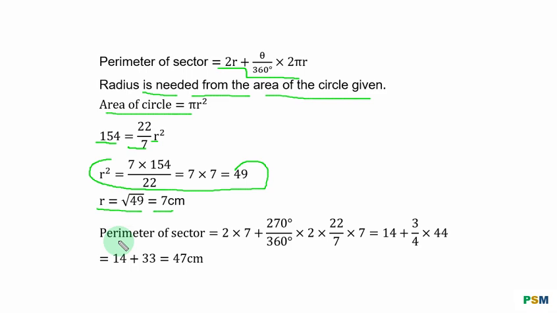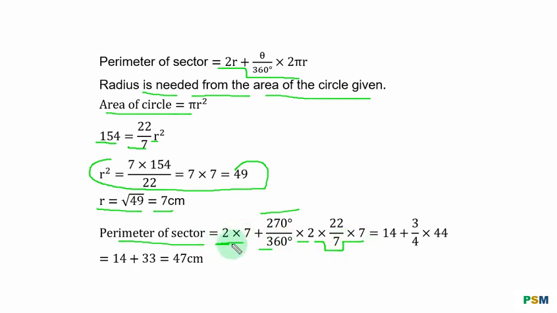Therefore, perimeter of the third sector is equal to 2 times radius plus angle of the third sector over 360 degrees times 2 times pi times radius.